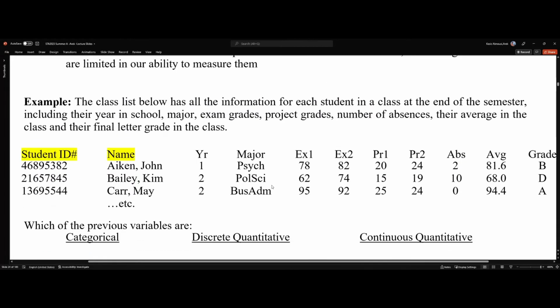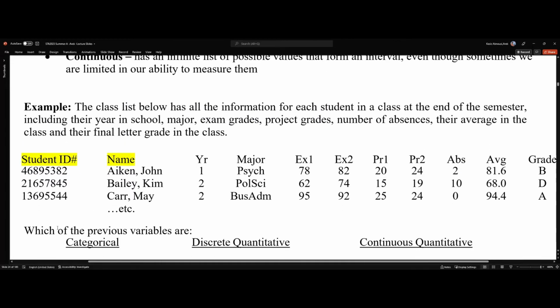Now we'll go through an example where we'll put each of the variables in the corresponding type of variable that they belong to, either categorical or quantitative, discrete or continuous.